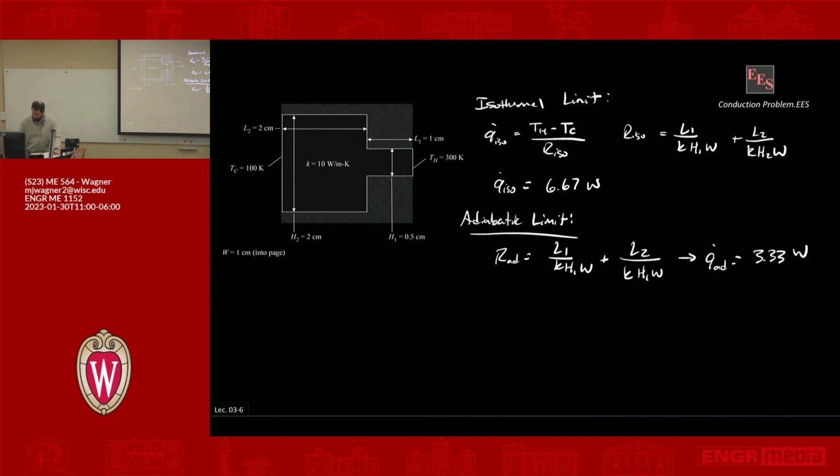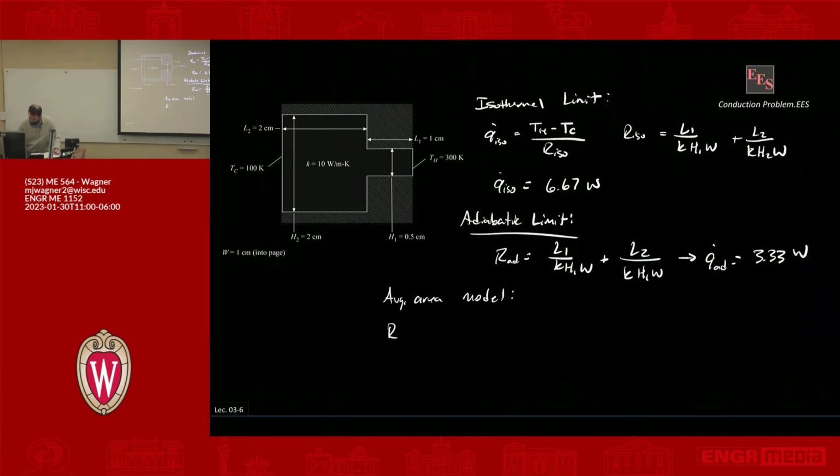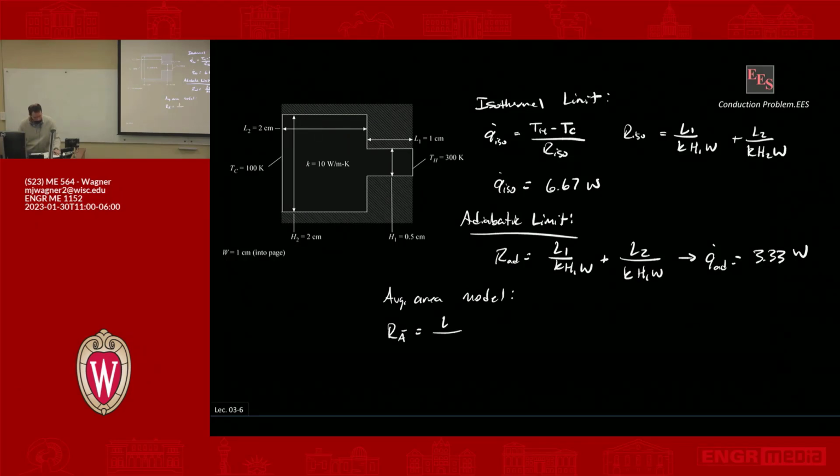So for the average area model, we would take R A bar equal to the total length of conduction over K times A bar, where A bar is the length-averaged integral, 1 over L from 0 to L of A of x dx.